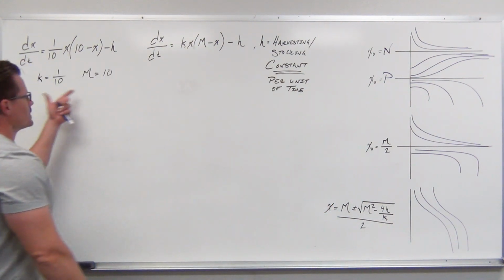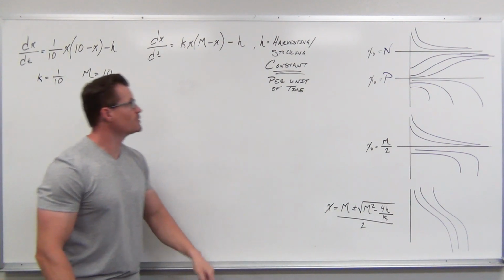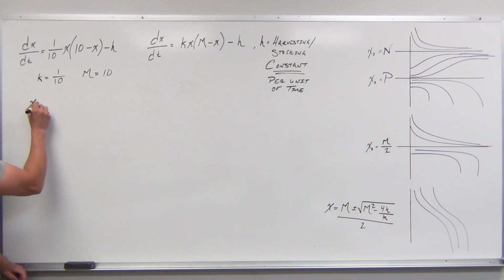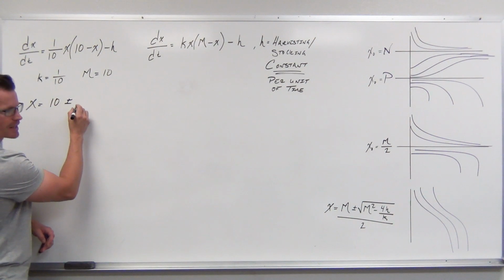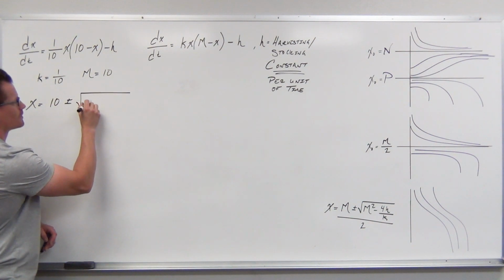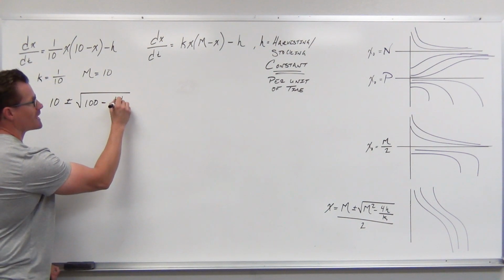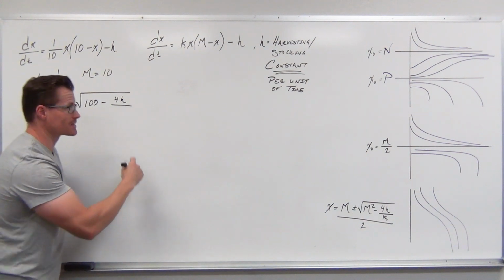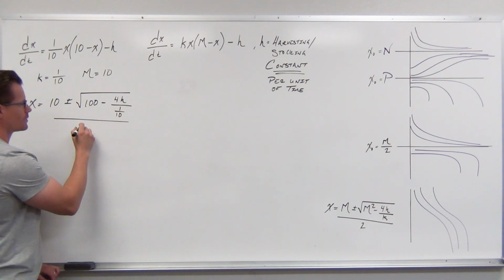So with these two numbers, could we just say, hey, since this is the solution to this type of equation, could we say that our critical points are going to be at 10 plus or minus the square root of 100, that's 10 squared, minus 4h? You don't know what h is, we're trying to see how h affects this, over 2. Don't put 10 here, over 2.